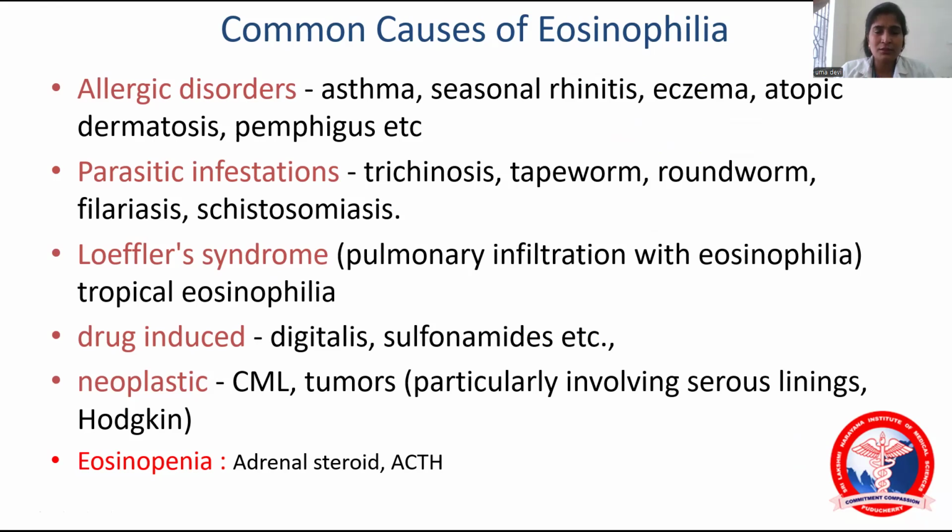Certain drugs: in all these philias and penias, drugs are also a contributory condition. And remember neoplastic conditions; they may ask you in viva to name some neoplastic condition with eosinophil count, very weighted. So sometimes these two, CML and Hodgkin's lymphoma.